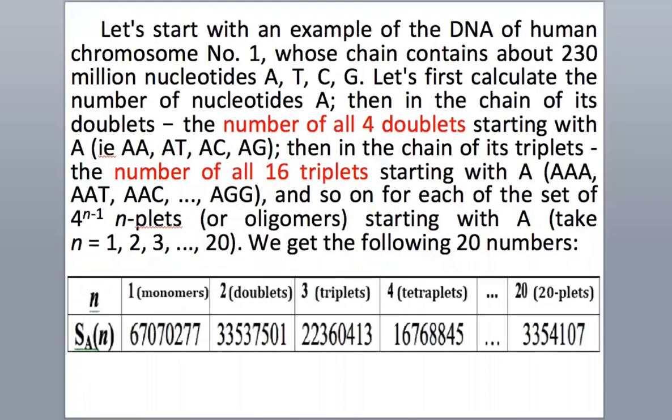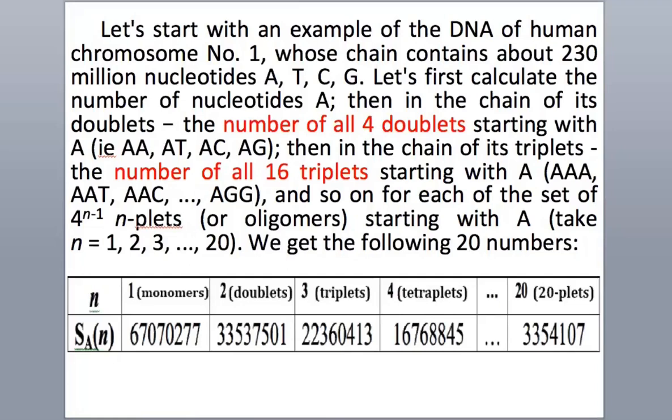Let's start with an example of the DNA of human chromosome number 1, whose chain contains about 230 million nucleotides, A, T, C, and G. Let's first calculate the number of nucleotides A. Then, in the chain of its doublets, calculate the number of all 4 doublets starting with A, that is AA, AT, AC, AG.